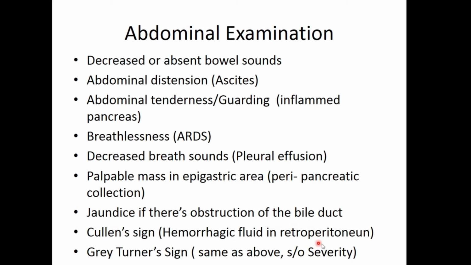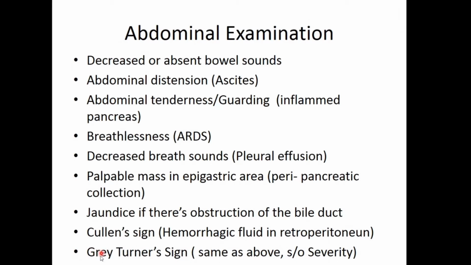And there are 2 important signs which I want you to remember. Number one is Cullen sign, and number 2 is what is called Gray Turner sign. These are basically collections of hemorrhagic fluid. Once you see Cullen sign and Gray Turner sign, that usually means that you are dealing with a case of necrotizing pancreatitis, and the prognosis in such patients is much worse compared to patients having an edematous pancreatitis.